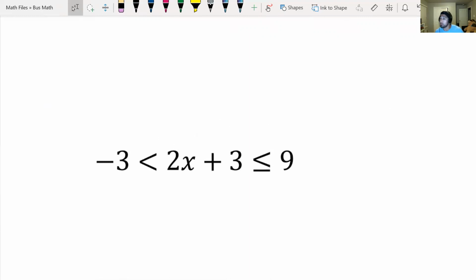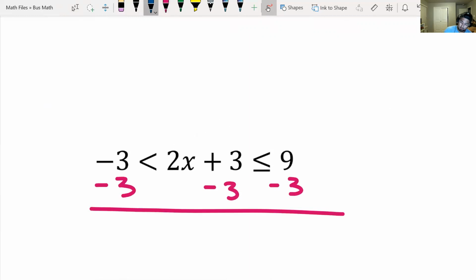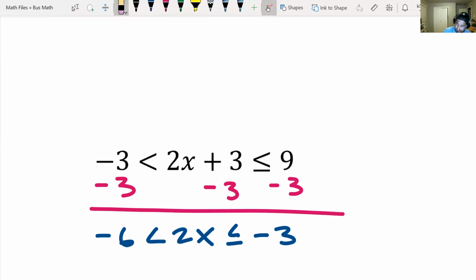All right, let's try it again. So solve this double inequality. Subtract 3, subtract 3, subtract 3. We get negative 6 less than 2x less than or equal to 6.